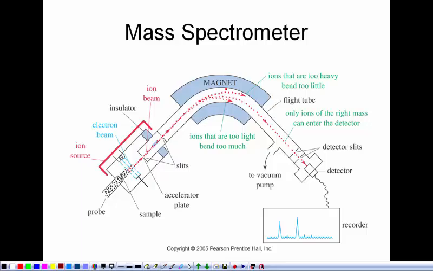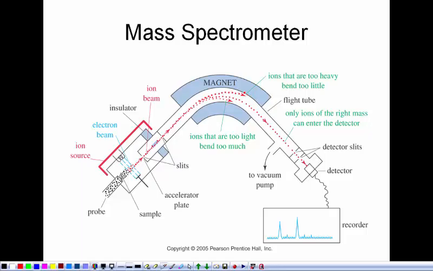And so what happens is that by setting the appropriate magnetic field here, you can take the radical cations and you can make them do a 90-degree turn and come down here and strike the detector. Those molecules that don't fit that magnetic field, the ones that are too light get attracted too much and they crash here. Those that are too heavy never quite make the turn and they crash there.